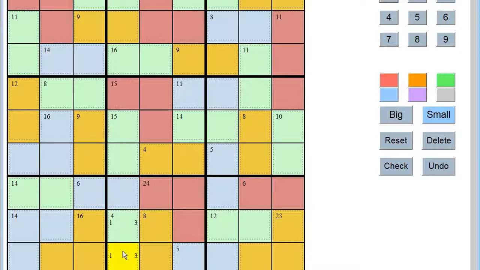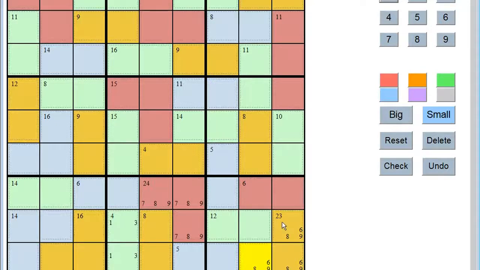So having a quick look at this grid here, I can see we have 24 in these 3. Now 24 from 3 can only be 7, 8 and 9. And as you start solving Killer Sudoku, you start to learn which combinations are unique or are very limited. And there's also tables of them available online as well that can show you.